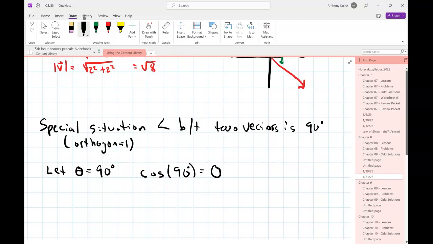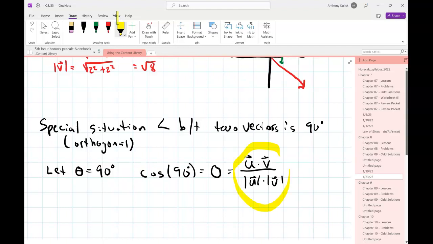It's 0. Sine of 90 is 1, remember, because that's straight up and down. Good. And so this should equal u dot v over magnitude u times magnitude v, because that's what cosine theta is equal to.